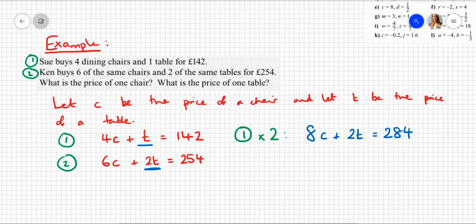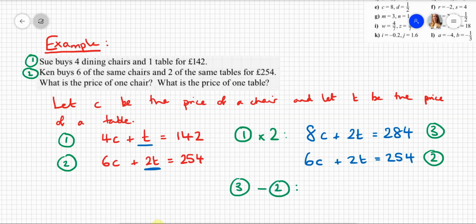So now we've got 8c plus 2t equals 284. And I'm going to write the other equation underneath it. So this is equation 3, this is still just equation 2, and we're going to do 3 minus 2.